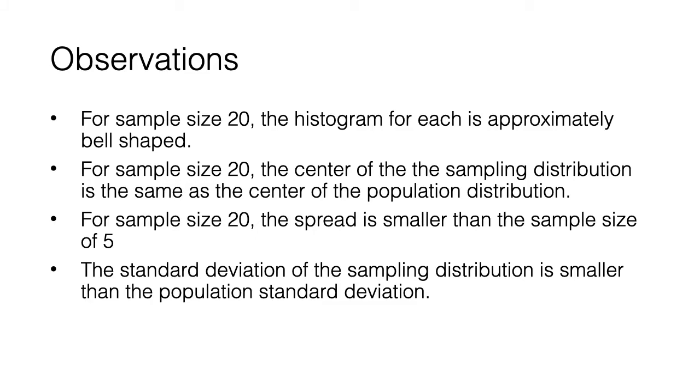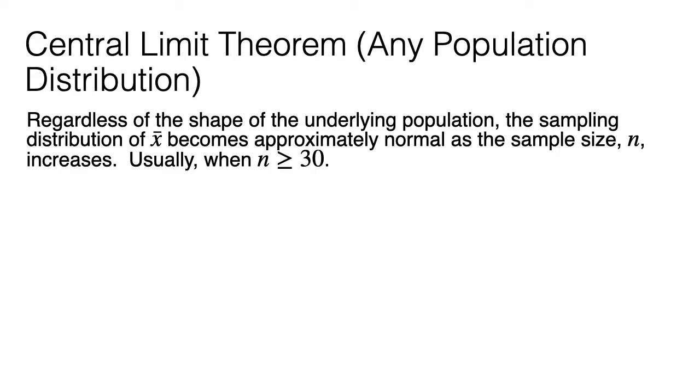So for our sample size of 20, we have a bell-shaped distribution on our histogram, which leads us towards normality. We do have normality, and the center of this distribution appears to be centered at 9. I'll get into a little bit more of that in just a minute. And again, the spread becomes smaller as the sample size increases.